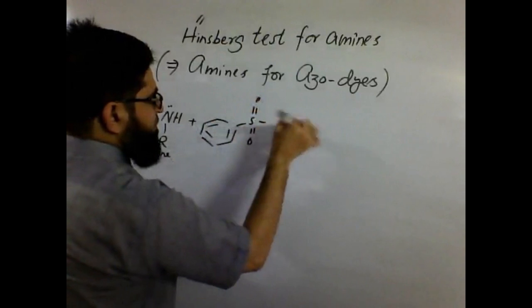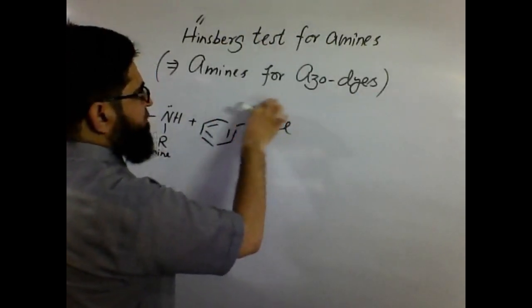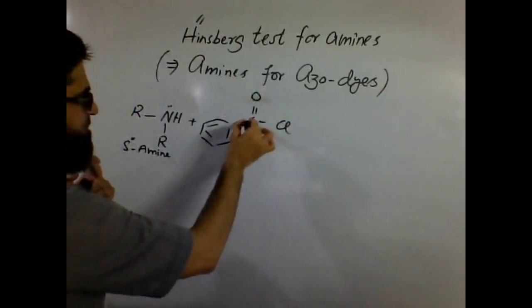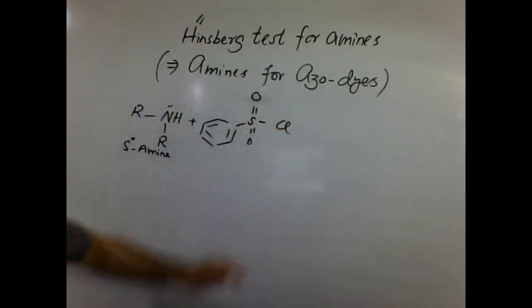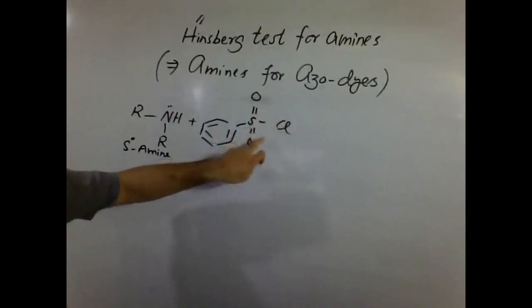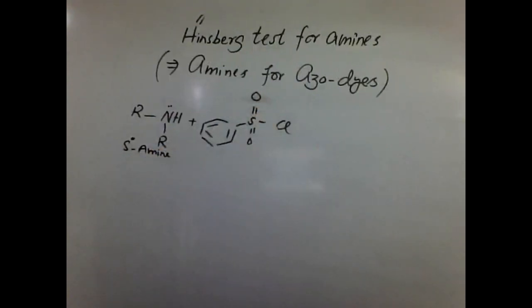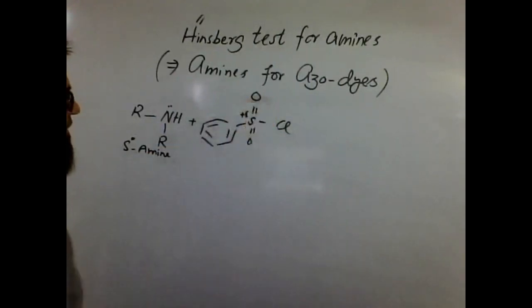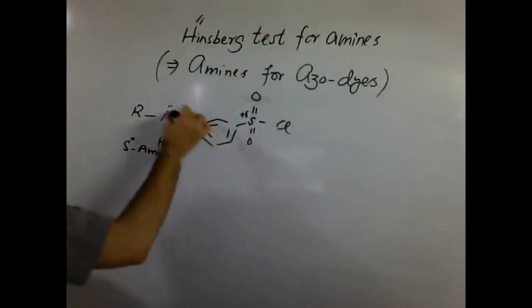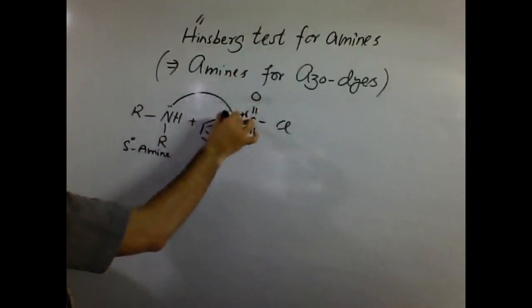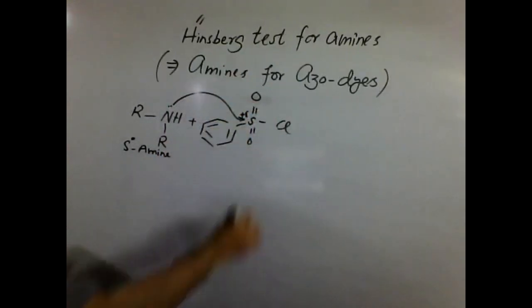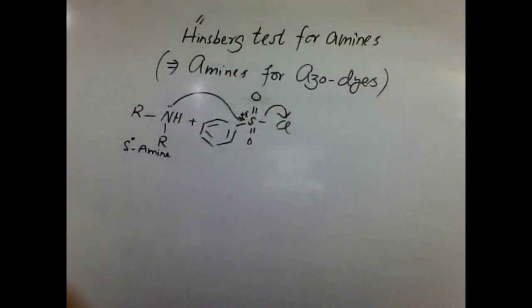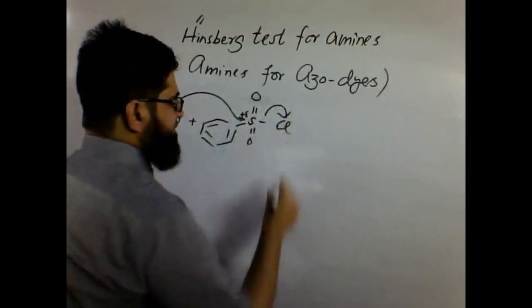as usual, as I've explained to you, the sulfur is connected with three electronegative groups, so they will produce a partial positive charge at it, giving a chance for the lone pair of the nitrogen to attack it, a nucleophilic substitution reaction, and the chloride will be the leaving group.